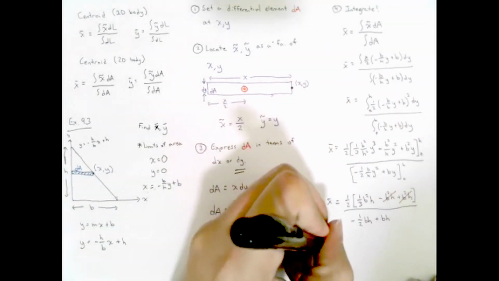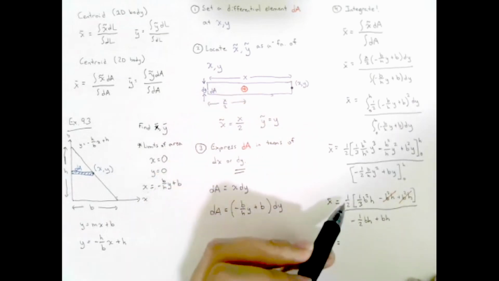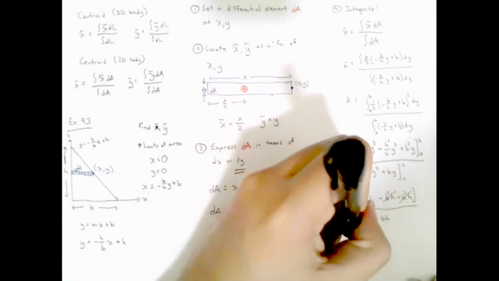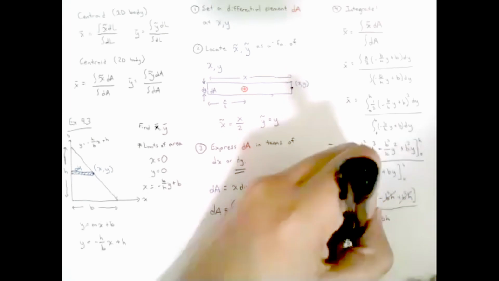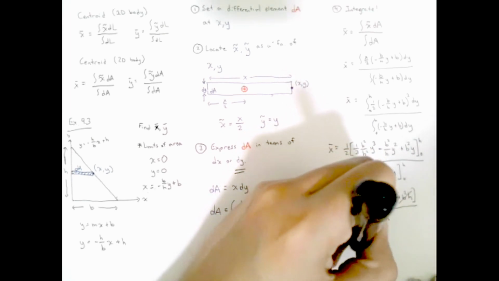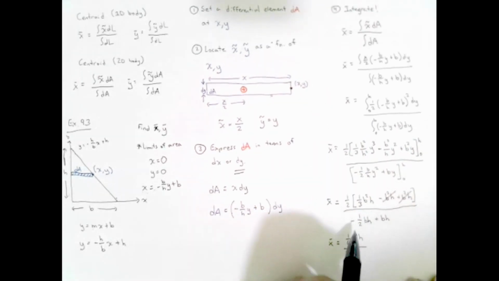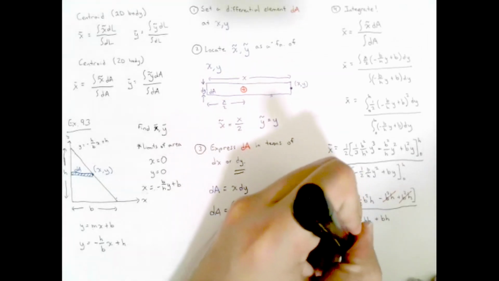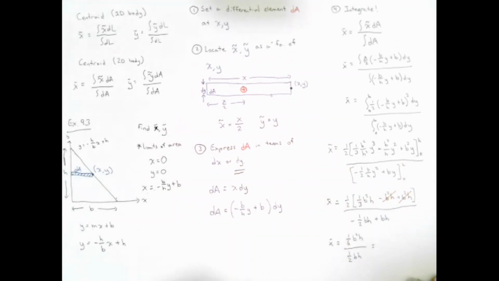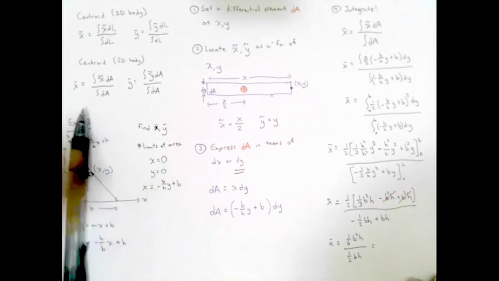And finally, we can do a couple of final calculation steps. So this will give us 1/6 b squared h divided by bh minus 1/2 bh, which is just 1/2 bh. Notice that my h's cancel out.